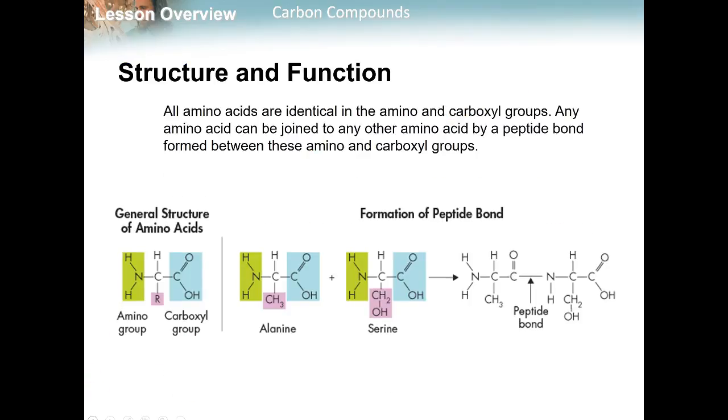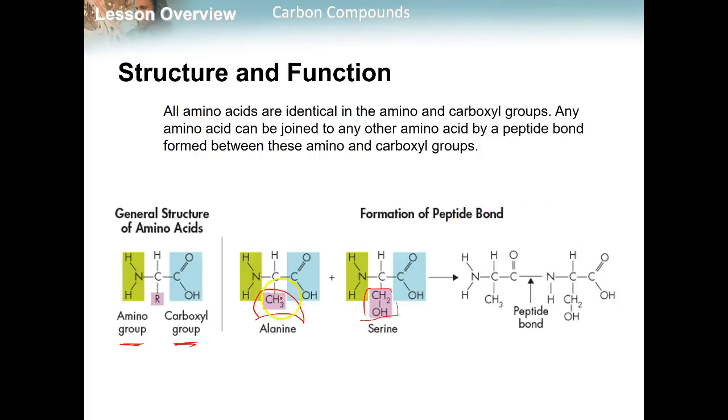Okay, so all amino acids are identical in the amino group and the carboxyl group. So we're always going to see this amino group, always see this carboxyl group. They differ by that variable, whatever this variable is going to be here or here. And there's 20 different combinations that you can get.